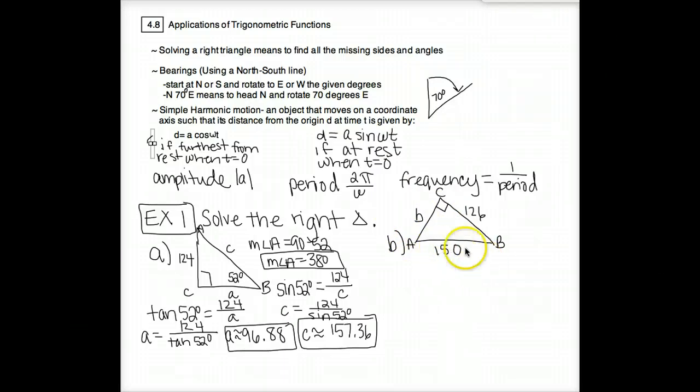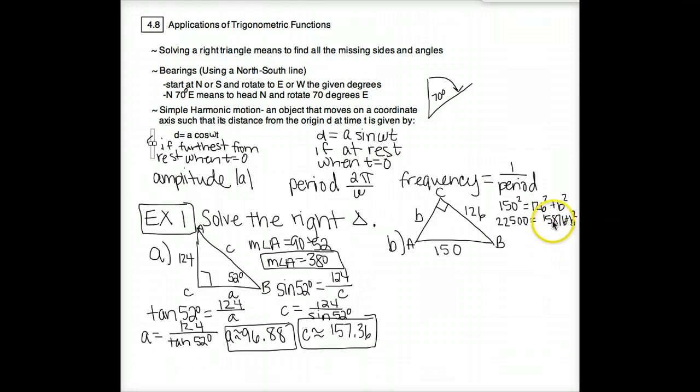So the hypotenuse is 150. So 150 squared should equal 126 squared plus b squared. So 150 squared gives me 22,500. 126 squared gives me 15,876.